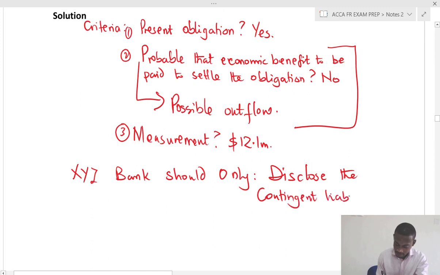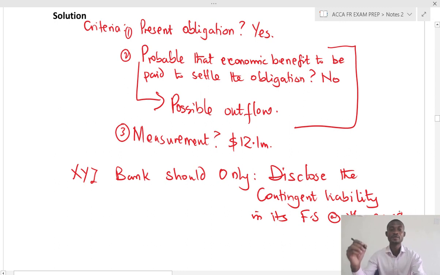So in the note, XYZ Bank will disclose that at the end of the current year, there are outstanding guarantees they have issued in favor of customers, totaling 12.1 million, and that these guarantees become probable when customers default, and this is a contingent liability.